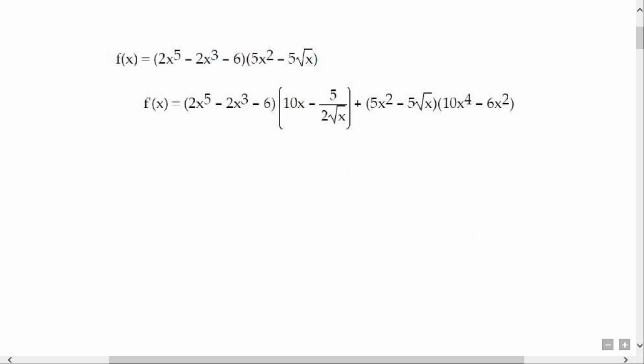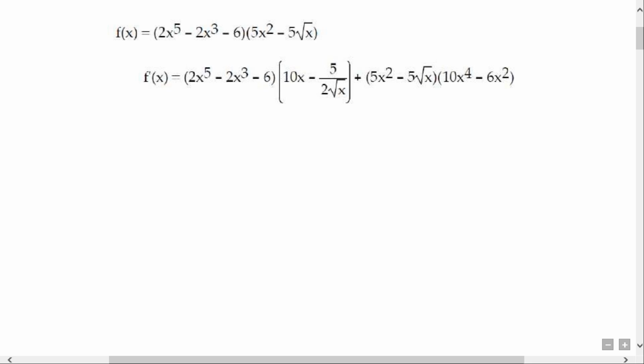I'd like for you to now pause the video and try to work this second problem, and then I'll work it for you too. Looking at this particular problem, we have the first and then the second. We probably want to prepare the second one for taking its derivative by writing it as 5x squared minus 5x to the 1/2 power.